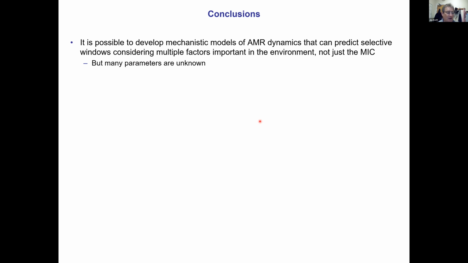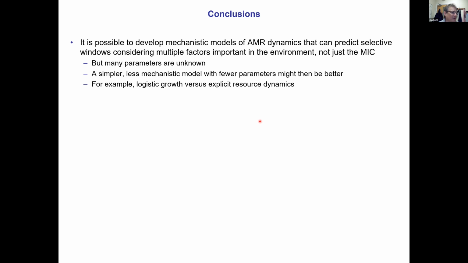Sometimes you can measure some of these parameters, which is great. Sometimes you can't do that, and you have to work out how important knowing this parameter is, which is called sensitivity analysis. So sometimes it's better to use a simpler model with fewer parameters, but there is a trade-off here, and there is an optimal level of complexity for a model for a particular case, depending on how well you understand the system.